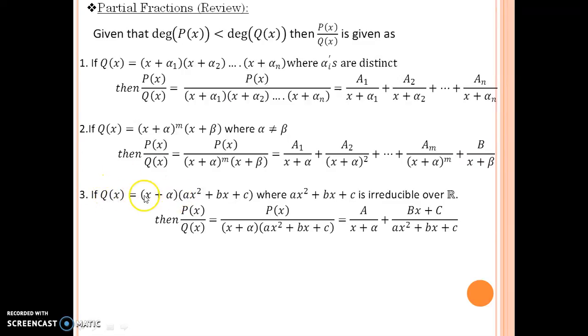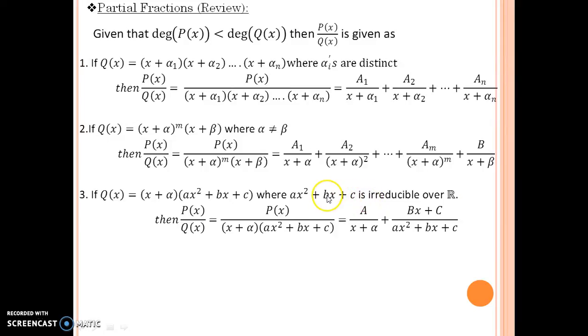If q(x) can be expressed as (x plus alpha) times a quadratic, say ax square plus bx plus c, observe that this quadratic is irreducible over R. The meaning of irreducible over R is that the discriminant b square minus 4ac is negative.